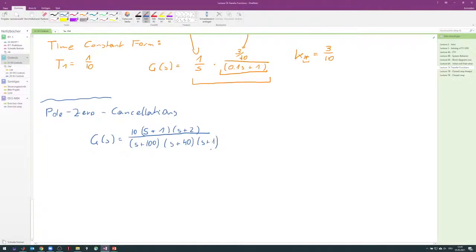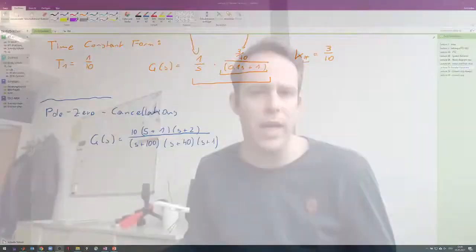Okay, so this is a nice transfer function. We know it has 3 poles, it has 2 zeros. We can compute the stability. This guy is going to be stable because it has poles only on the left-hand side. All the zeros are on the left-hand side in our pole-zero map.